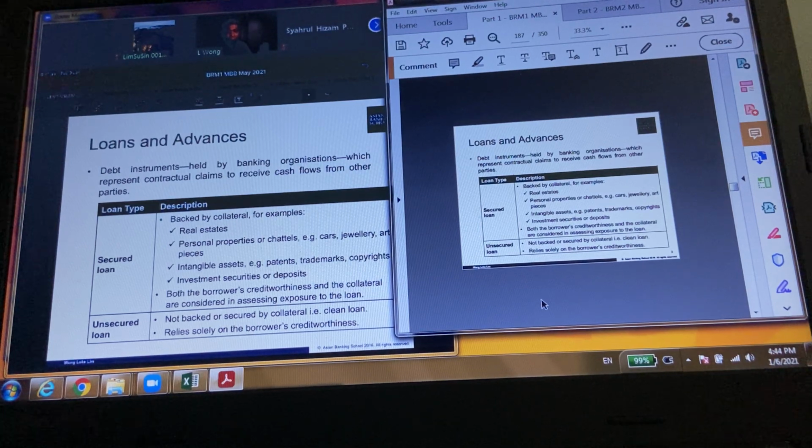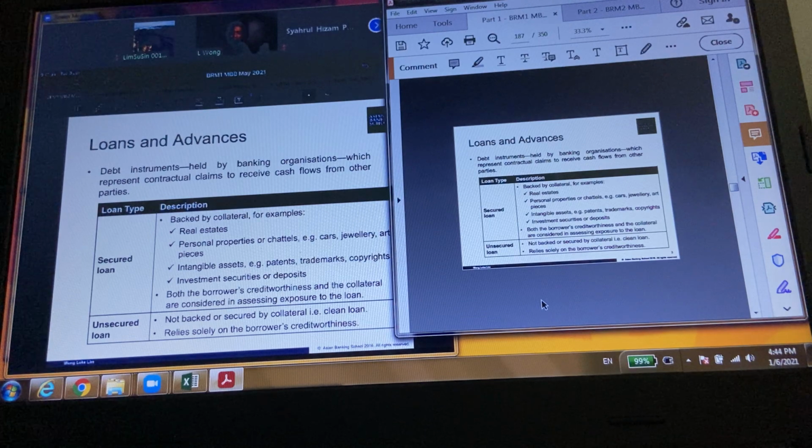But over here, they say that loan risk can be minimized by giving a secured loan. What do you mean by secured? Secured means you have something to hold in hand. The bank gives a loan, but it's secured against something charged to the bank.